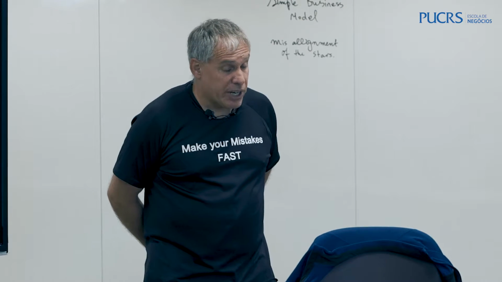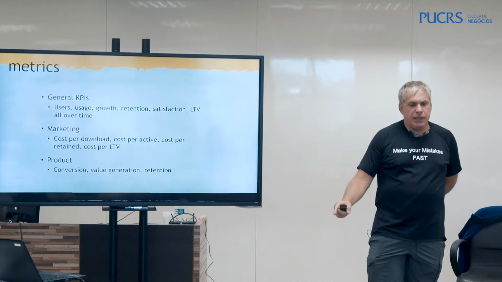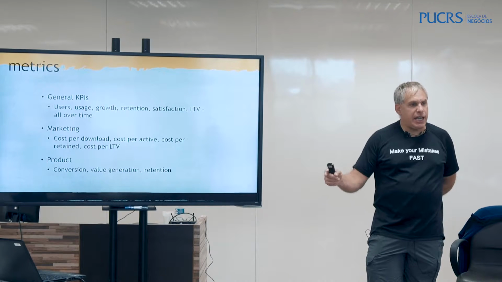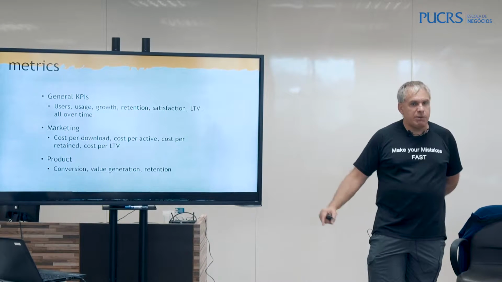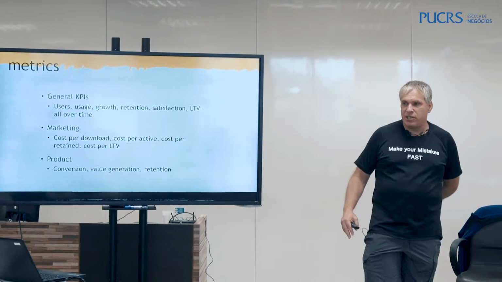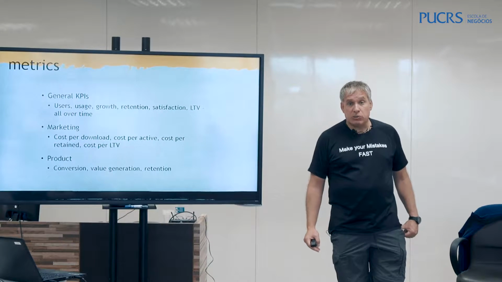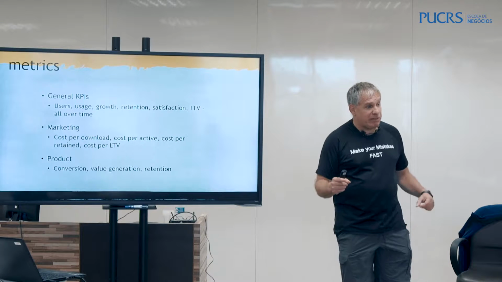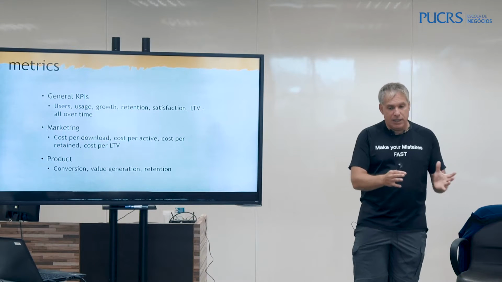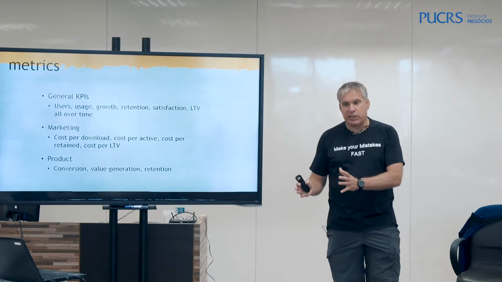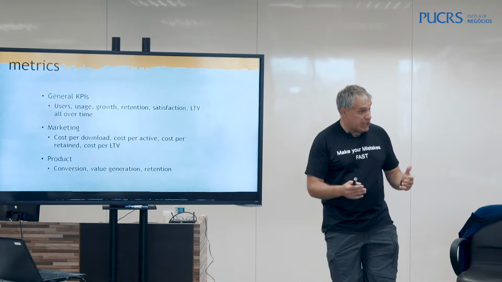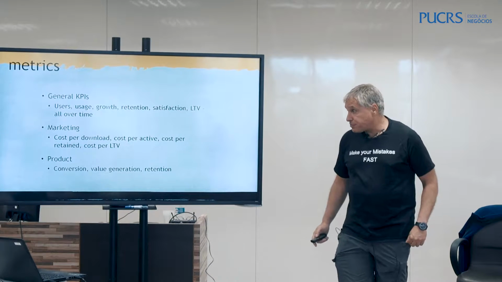You launch a new product, or a new version, and the day after, you would notice that some of the metrics change. Some of them become better, some of them become worse. And as soon as you see that, you learn faster by figuring out, okay, this is what I've done, and this is the result, right? Now I'm going to fix that, or I'm going to redo that, or I'm going to do better than that.